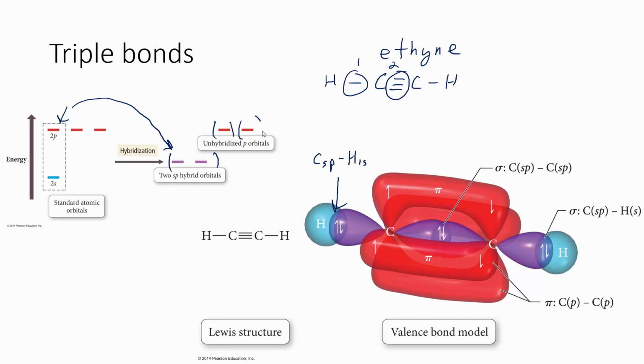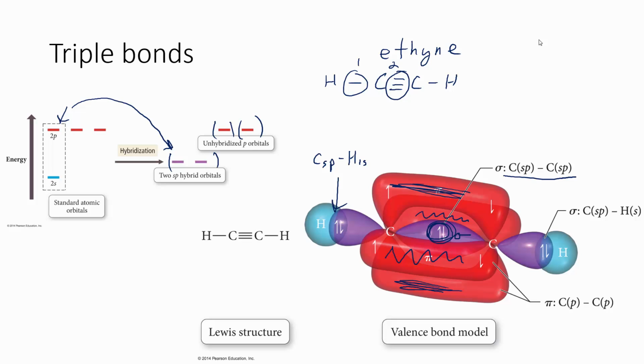The remaining p orbitals stay unhybridized, which is good because on both carbons they overlap. So we have one p secondary overlap pi bond, and we actually have then a second p, that's kind of in the back here, it's hard to tell, overlap with the carbons as well. So top and bottom is one additional bond, front and back is a second bond, giving us a 3 altogether when we also include the sp hybrid to sp hybrid carbon direct sigma overlap in the center.